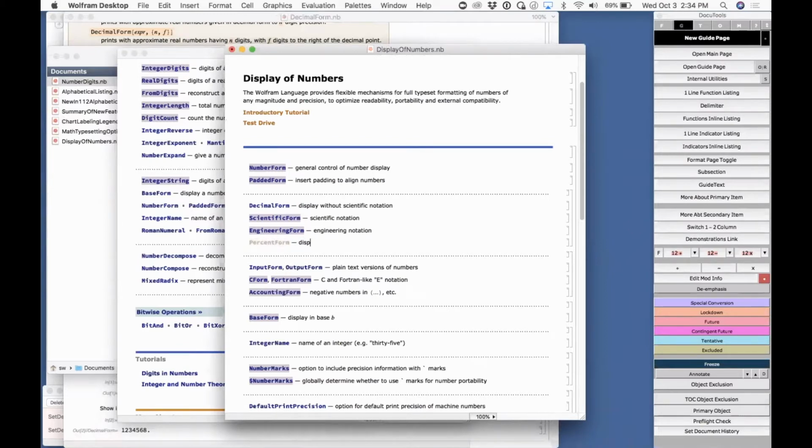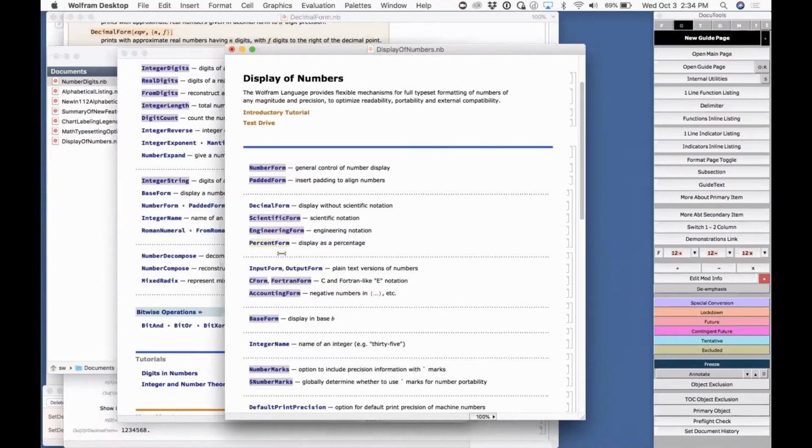Yeah, probably AccountingForm should be with that first group. Yeah. The other ones, CForm, do look different. I'm prepared to put AccountingForm down there. I don't think it's very commonly used. Okay.